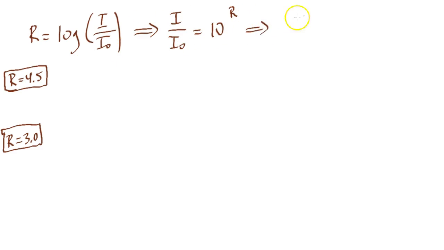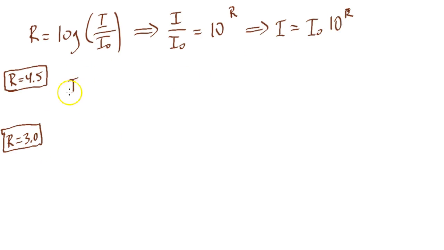Hopefully you understand how we got to this form first. Now we can easily just put it over here by multiplying by I sub O. Okay, so we're in this form. Now we can solve for I for each of these.